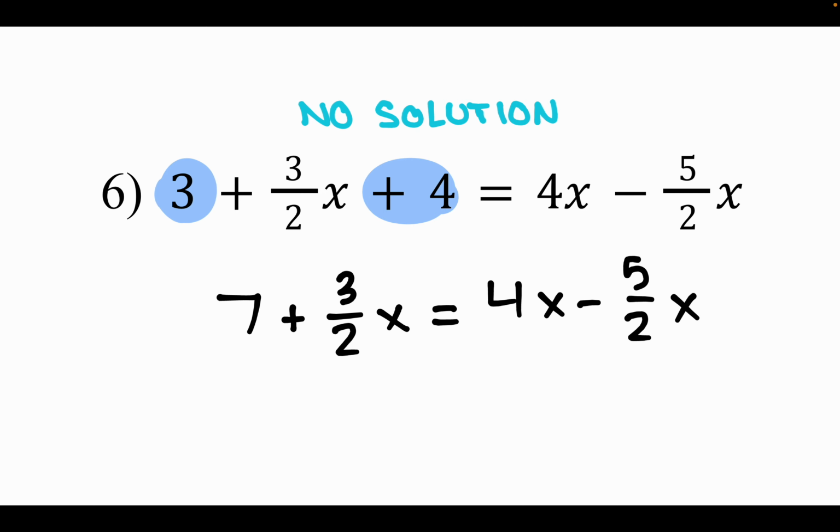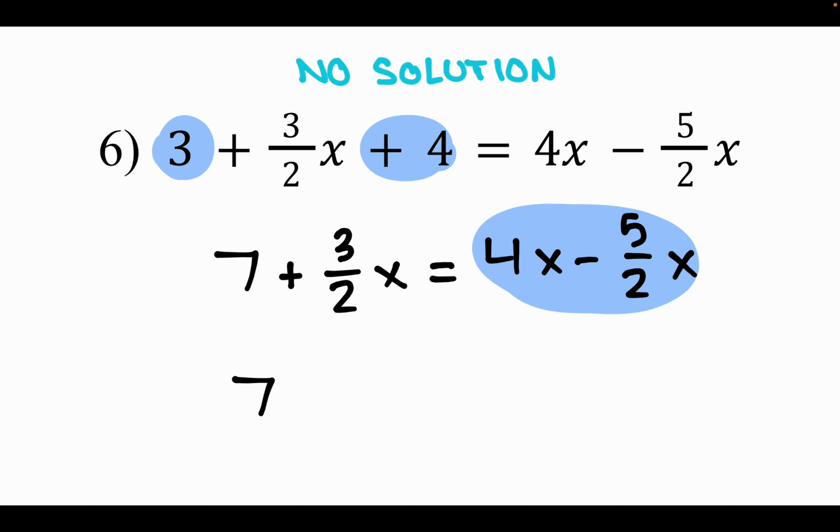I want to bring the x's to one side, the whole numbers to the other, but you can still combine these two terms on the right because they both have x. So that leaves you with 7 plus 3 over 2x equals 3 over 2x.